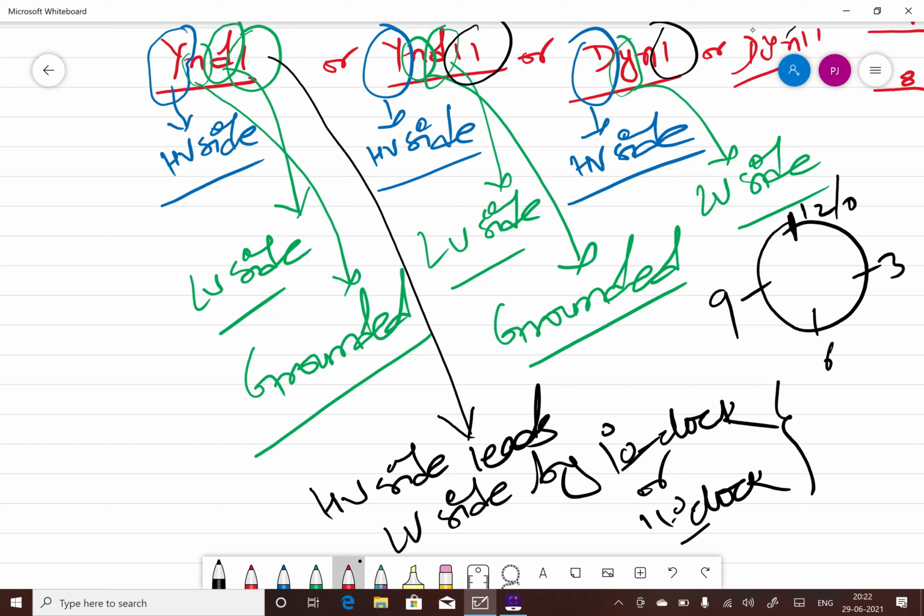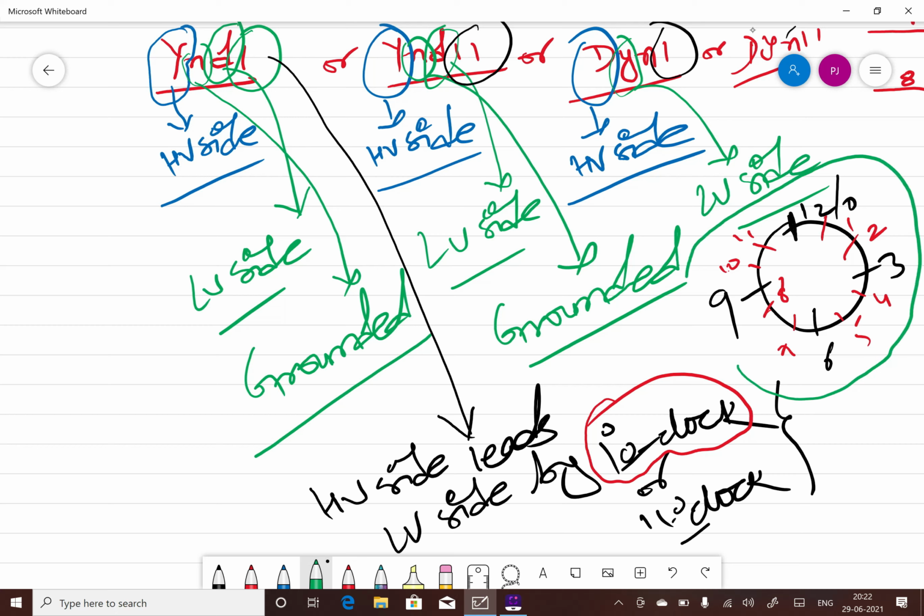Now this is 1, this is 2, similarly this is 4, this is 5, this is 7, this is 8, this is 10, and this is 11. If it is given that your HV side leads LV side by 1 o'clock, you know that our phase rotation is always in the anti-clockwise direction. So phase rotation will be in this direction, anti-clockwise.